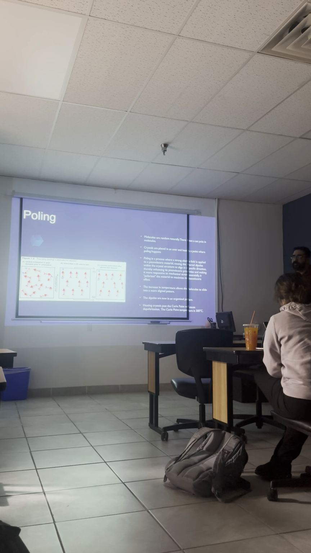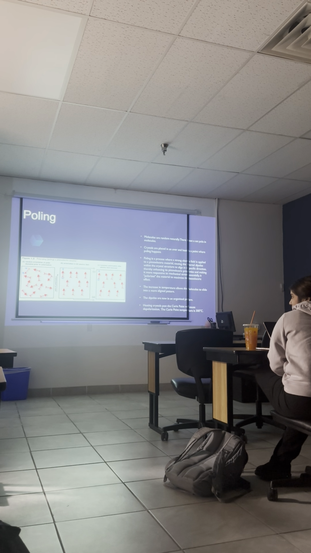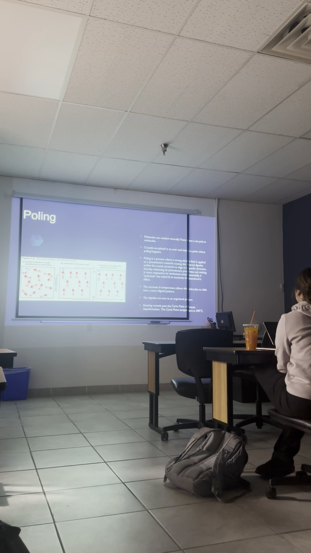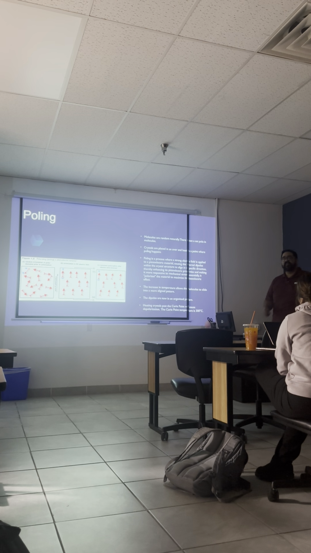Okay, poling. What is poling? Victor? It's like the natural positive and negative dipoles that elements have. Yeah, so poles are positive, negative, right? They're the types of energy that are attracted or emitted.